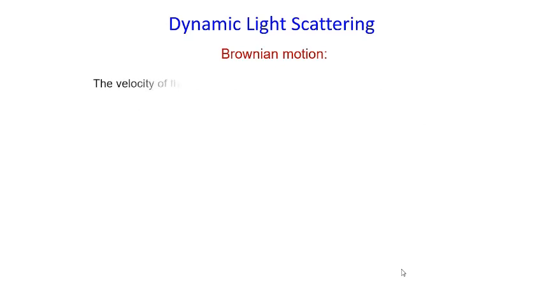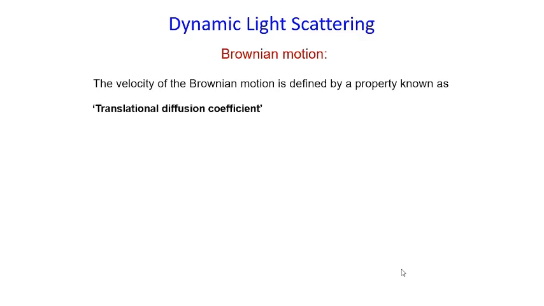Now, this velocity of the Brownian motion is defined by a property known as translational diffusion coefficient, written as D.